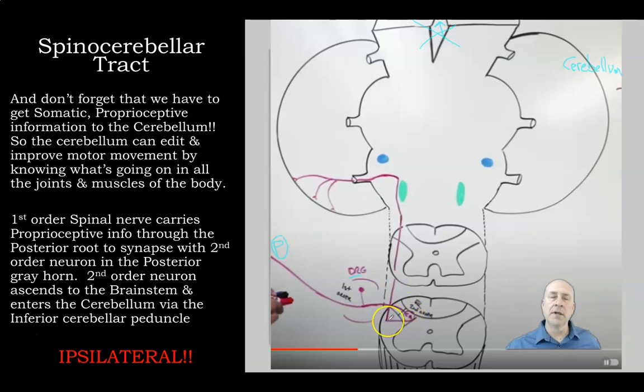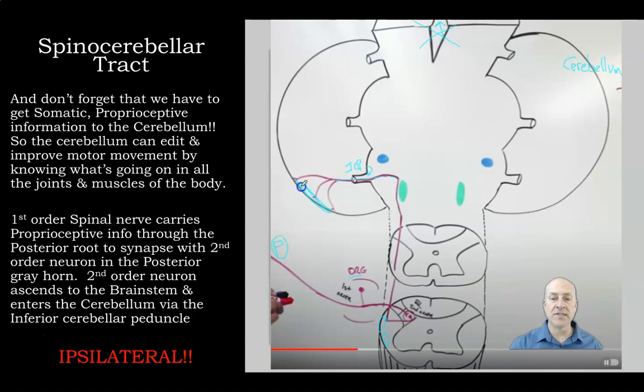And in it goes, and remember, it is always ipsilateral. So entering the posterior gray horn, looping around, and then either in the posterior spinocerebellar tract, which I just put a circle on, or the anterior spinocerebellar tract, doesn't make any difference, and then up it goes, stays ipsilateral, and then it enters into the medulla and takes a quick shoot off via the inferior cerebellar peduncle, which is drawn as a sort of tube or this opening, and on what are called climbing or mossy fibers, it enters into the cerebellum, and it brings that really great information to the folia, the external gray matter, cerebellar gray matter of the cerebellum.